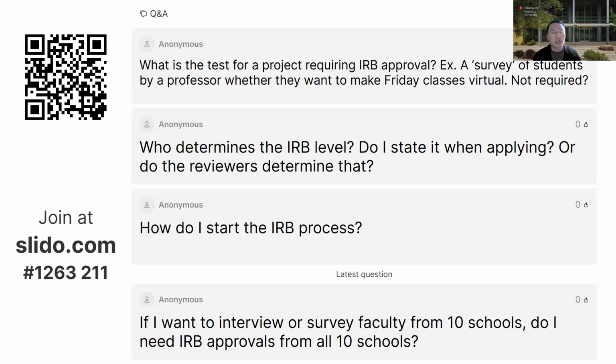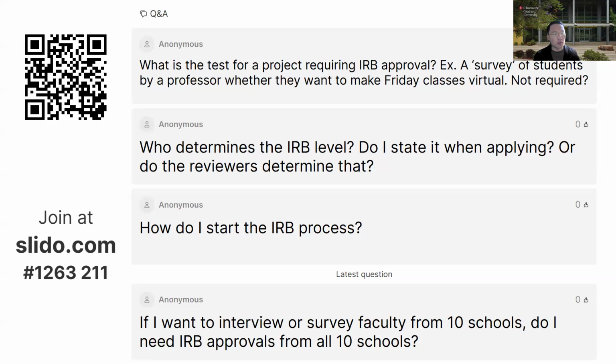So the second question, who determines the IRB level? Do I state it when applying, or do the reviewers determine that? That is also in the frequently asked questions. When you're submitting your application, there will be some preset questions you can answer, and that will help you determine what type of review you get.